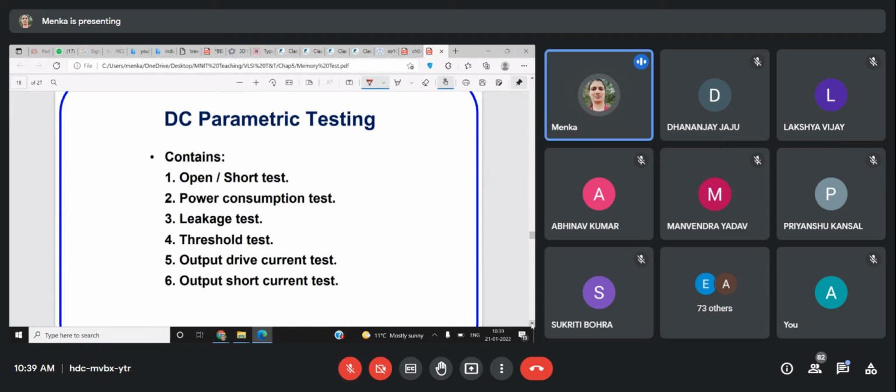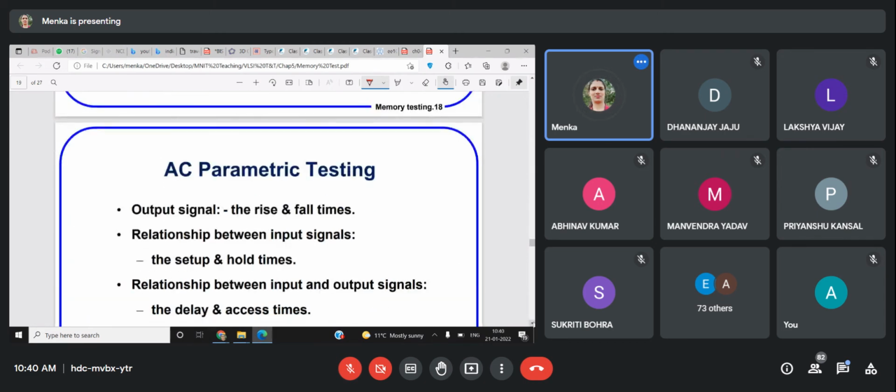We'll check how the output comes in open and short circuit, how much power is consumed, how much is the leakage current, and how much is the threshold voltage. All these things we'll be doing. This is called DC parametric testing, because here there is nothing related to the frequency.